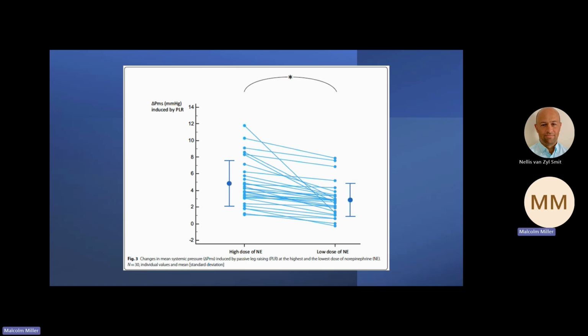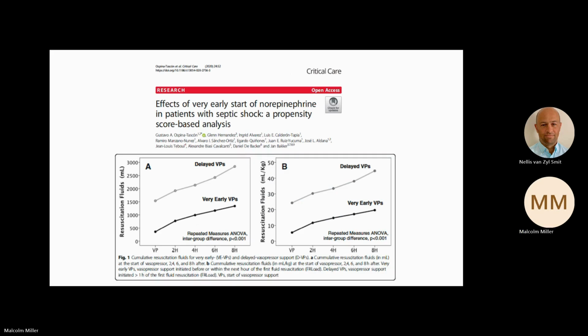But essentially, what noradrenaline resulted in was an increase in your mean systemic filling pressure and therefore an increase in venous return.